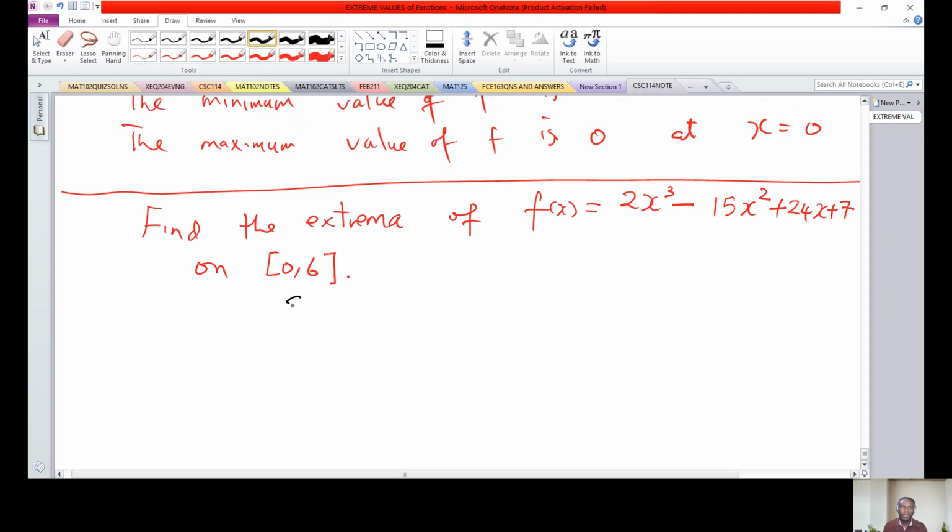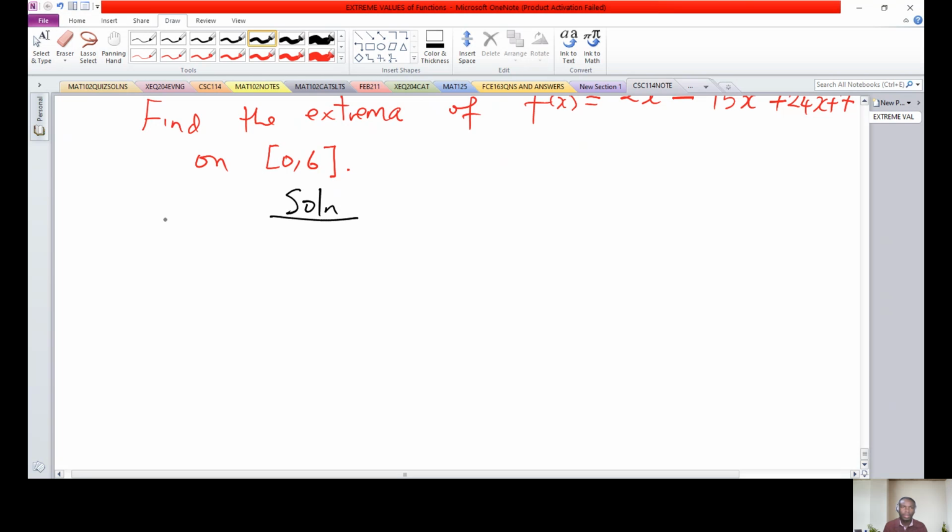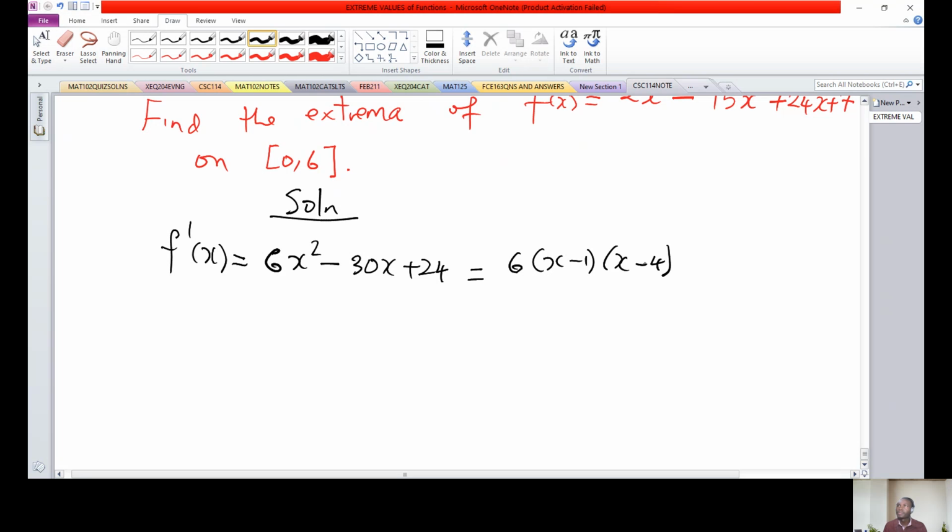So you start by finding the derivative of the function to get the critical points. So f prime of x will be given by 6x squared minus 30x plus 24, which is the same thing as 6 into x minus 1, x minus 4.